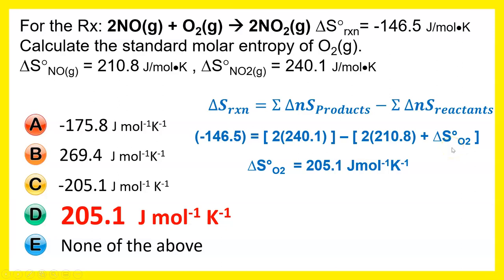Now, one thing that you may notice a lot, which is super annoying, but I can't really fix it, is that we will often say that entropy has the units of joules per Kelvin, and then sometimes like this problem, you're going to see joules per mole Kelvin. It's a little bit hard to explain why.